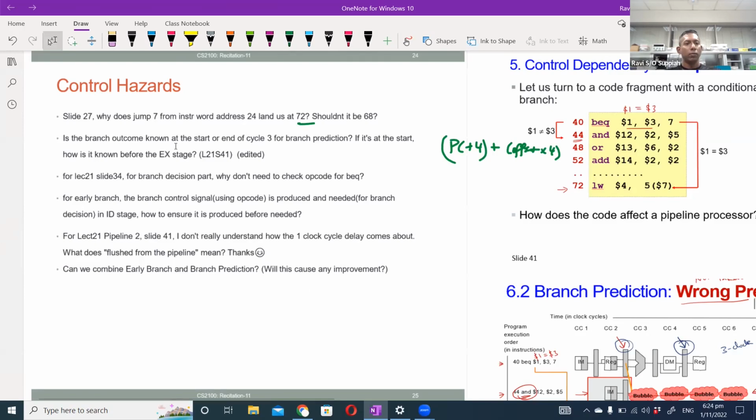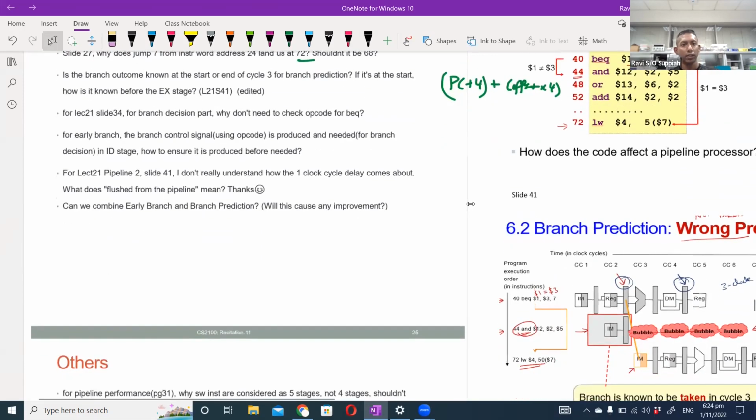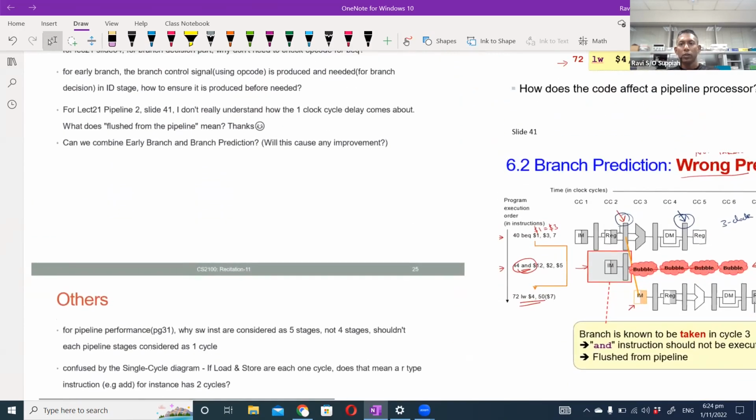Is the branch outcome known at the start or end of cycle 3 for branch prediction? The start. In branch prediction, in this case where we are predicting in the second stage, the decode stage, by the time the decode stage is finished, we already know the decision. So when we reach the end of cycle 2, we know the decision.